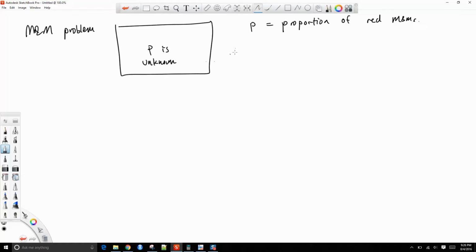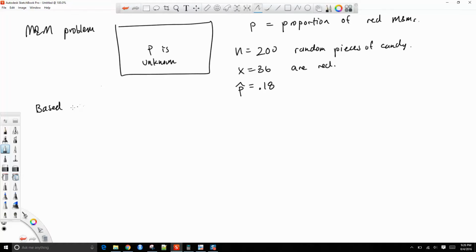We take a sample, 200 random pieces of candy, and what we find is that 36 are red. So we have P hat equal to 0.18, okay? So based on our sample, what can we say about P?